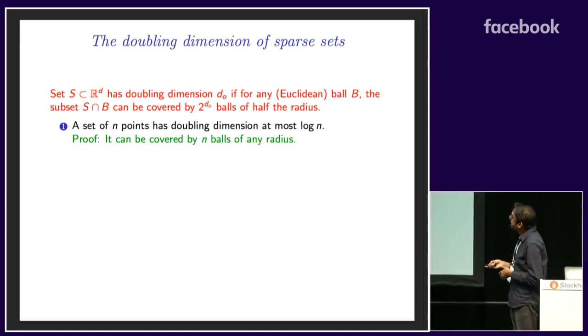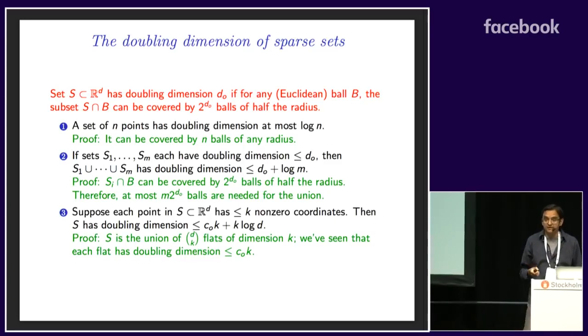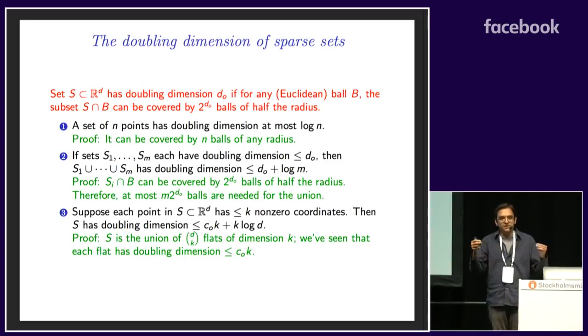Then you can argue, I won't go through the proof, that the doubling dimension actually is just linear in the sparsity, the number of non-zero coordinates, and logarithmic in the ambient dimension. Okay, so it's a notion of dimension that captures sparse data.